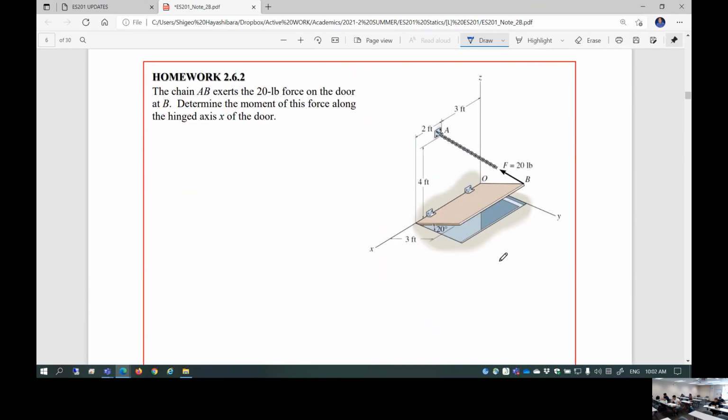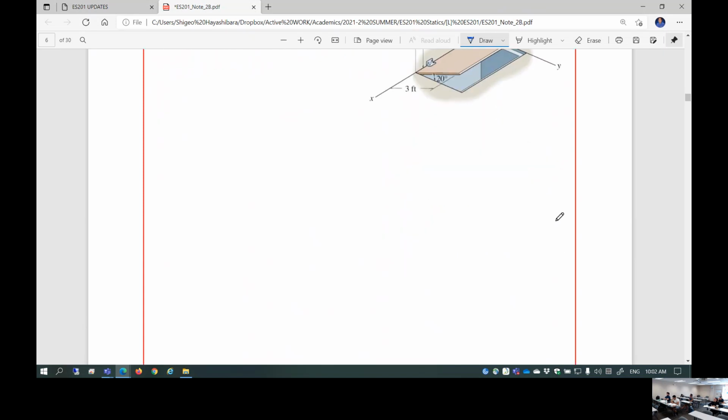The next one, homework 262. This is also kind of interesting because the chain AB has a force of 20 newtons lifting up this door. Of course, the moment is developed around this hinge axis. Hinge axis is x. How much moment is developed? You can do that, of course.